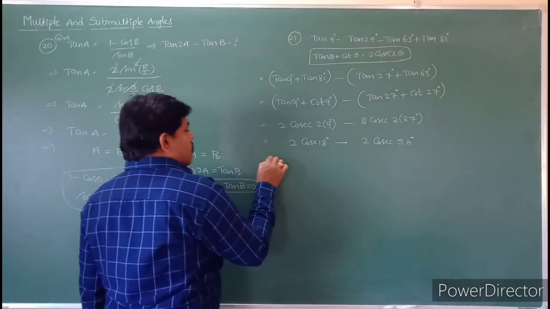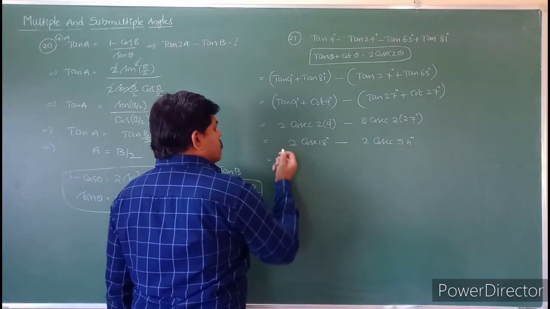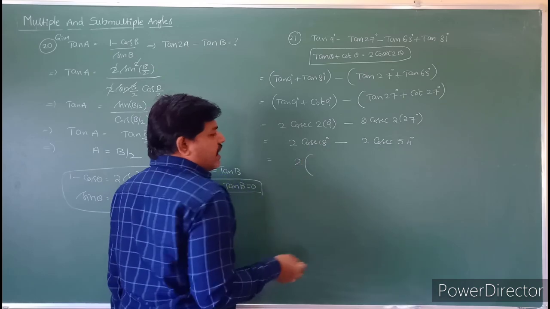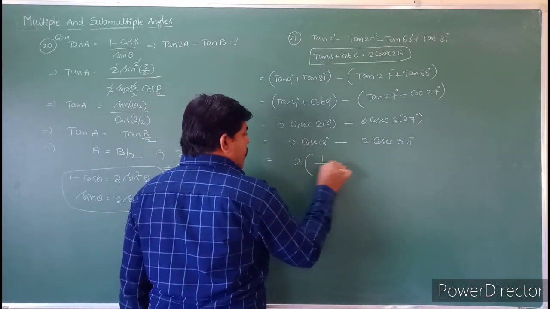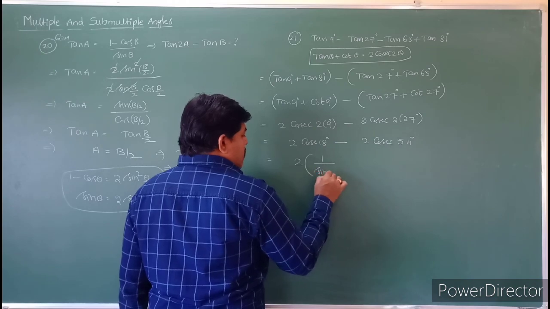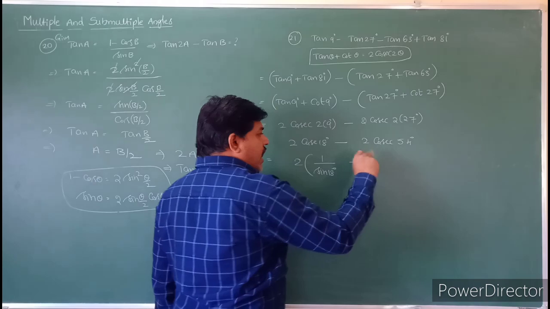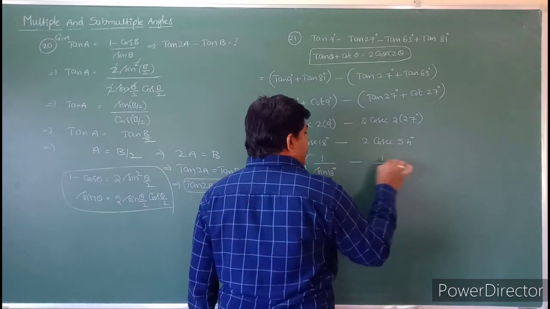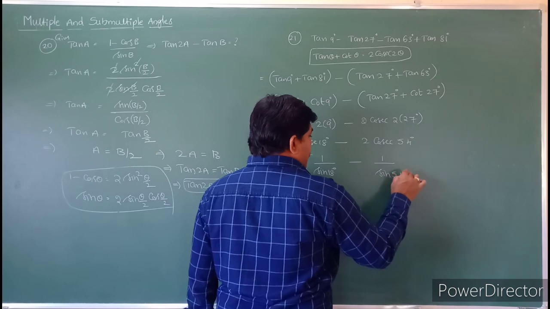You can take the 2 common, students. So I will take the 2 common. Cosecant 18 you can write as 1 by sine 18 degrees minus cosecant 54, which you can write as 1 by sine 54 degrees.